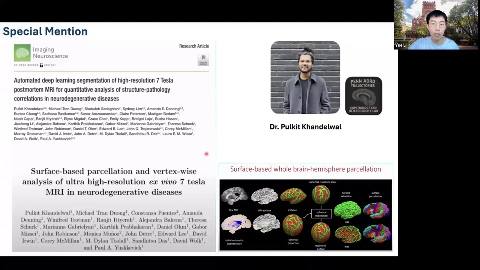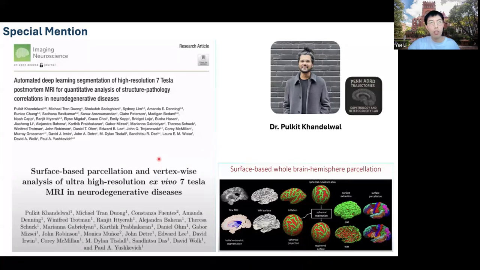So it would be a good tool to extract the structure information of the brain and find the relationship between the structure and pathology in the ex vivo space. And after this, we can map these findings from the ex vivo space into the in vivo space so that we can design more accurate and more stable biomarkers for neurodegenerative disease.